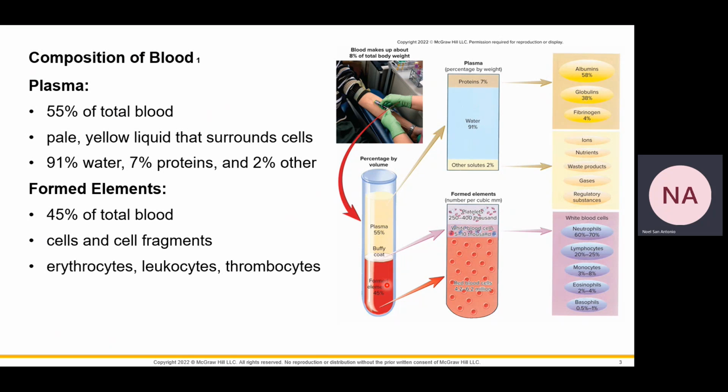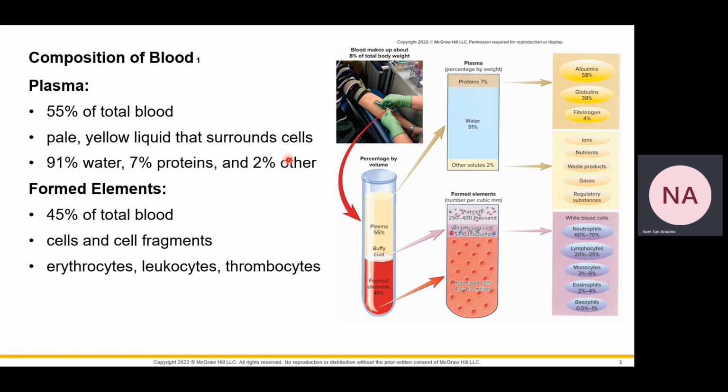The liquid portion is called plasma and it accounts for 55% of our blood volume, while the formed elements is 45%.